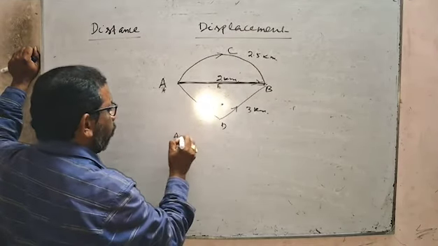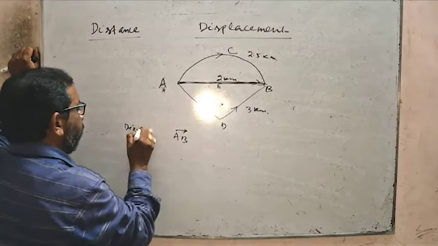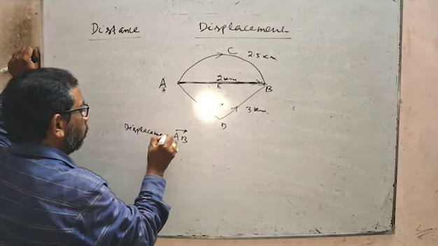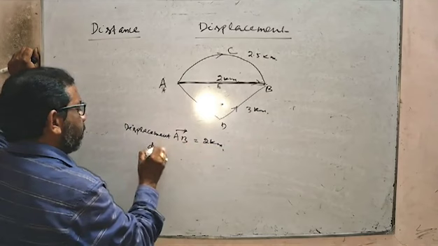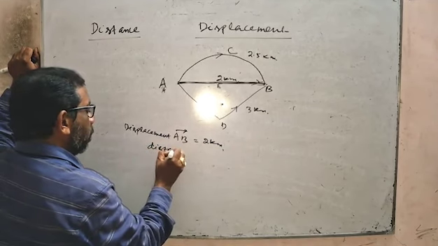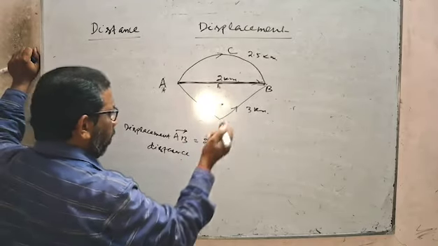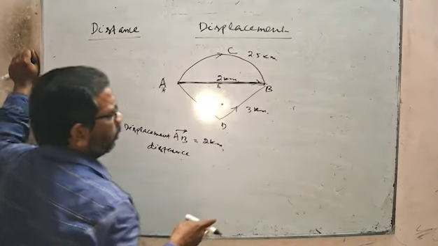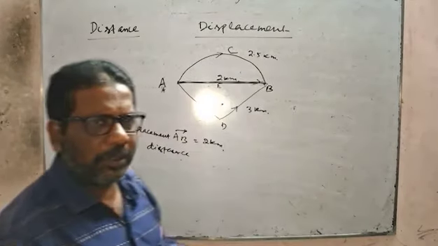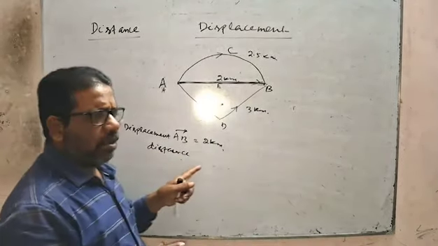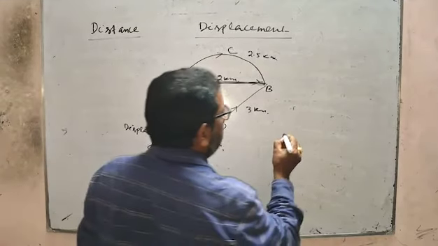Displacement is A to B, which is 2 kilometers. But the distance through C, D or E varies. Distance may be different, but displacement is always unique.